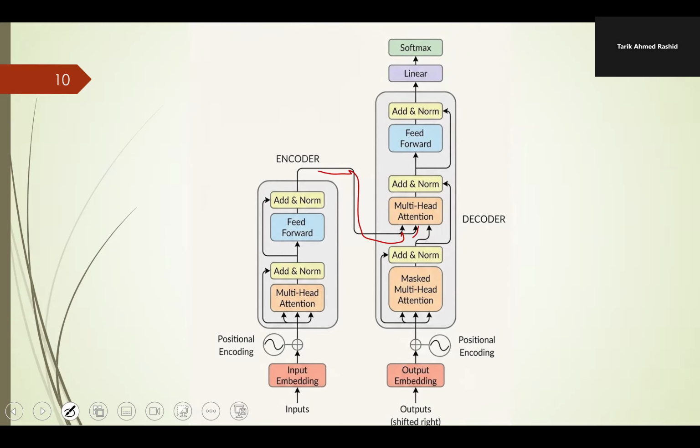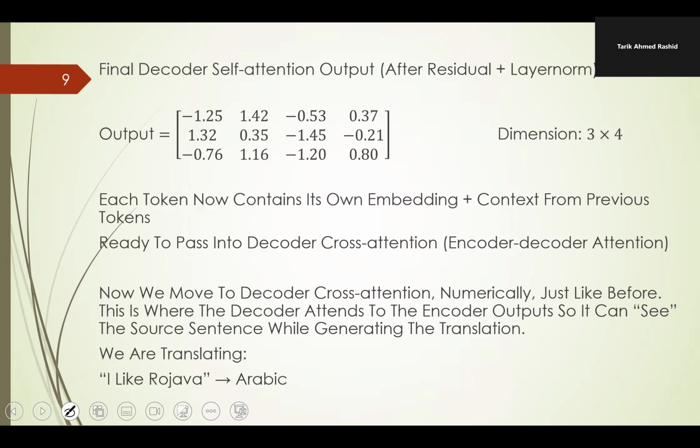So it will be K and V from the encoder, and from the decoder, that is the Q that we have. This Q can go to the multi-head attention. This multi-head attention is cross attention, which is encoder-decoder attention.